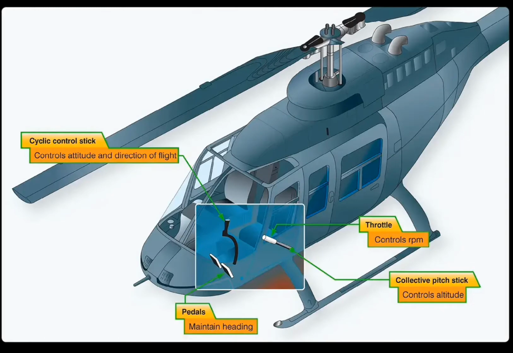What is the purpose of the collective pitch control in a helicopter? Changes pitch of the main rotor blades, increasing or decreasing lift. Why is it important for the blades of a helicopter rotor system to be tracked?